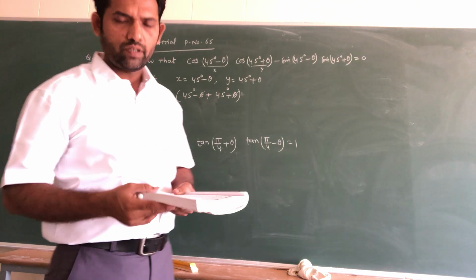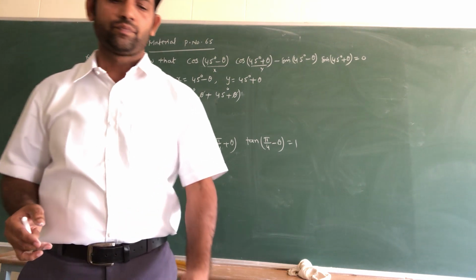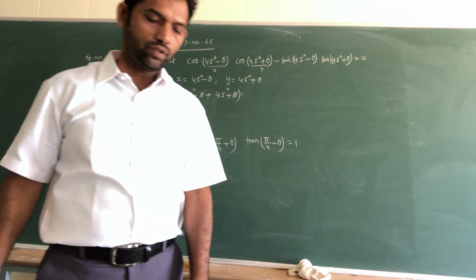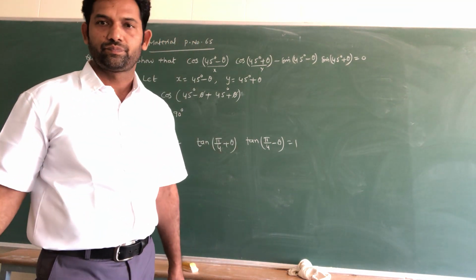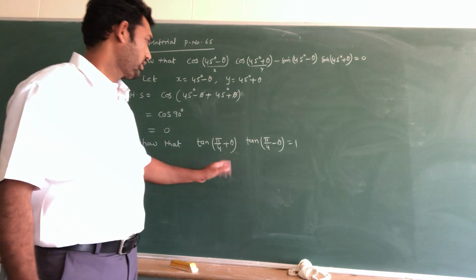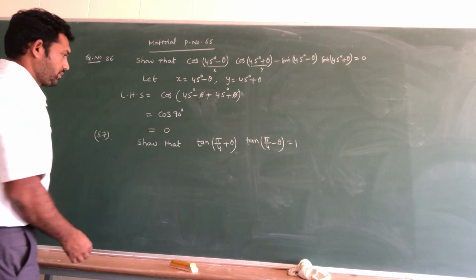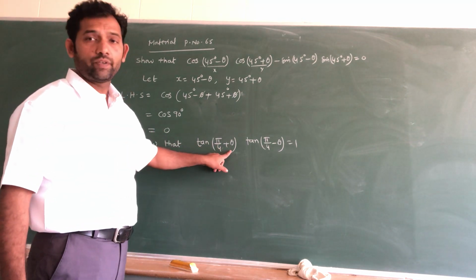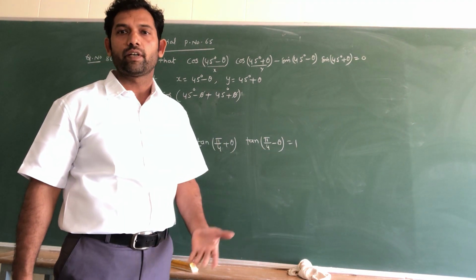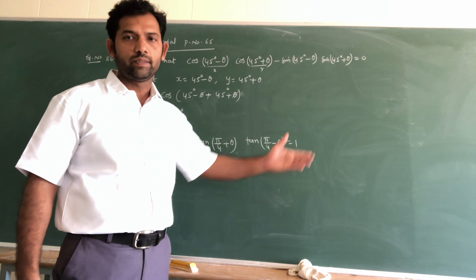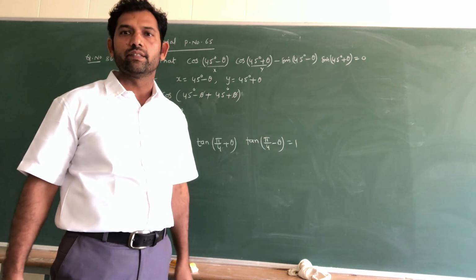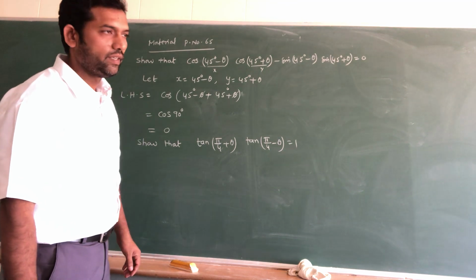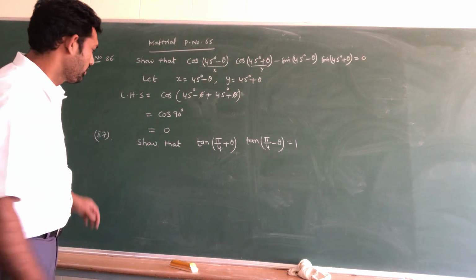Very simple question, you have to simplify. Try this one. Just apply the tan(x plus y) formula and the tan(x minus y) formula. Then simplifying, we will get the solution very easily.